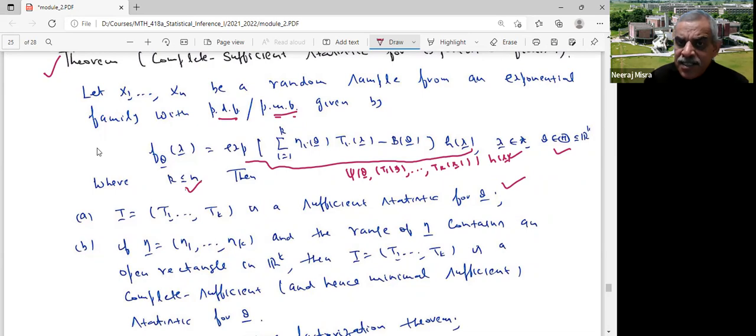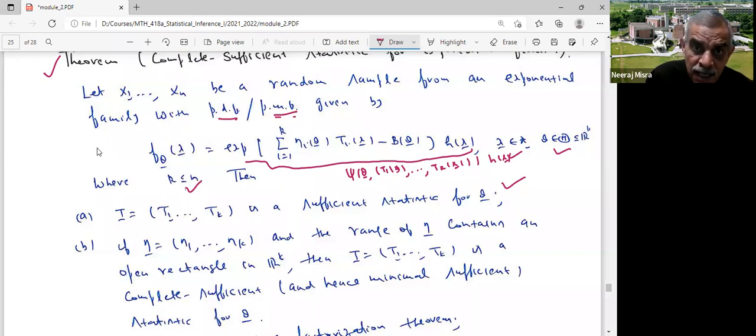For that, I need certain conditions. It says if the range of eta1, eta2, ..., etak contains an open rectangle in Rk, so in a sense it says that eta1, eta2, ..., etak are linearly independent. That means there is no dependence between them.